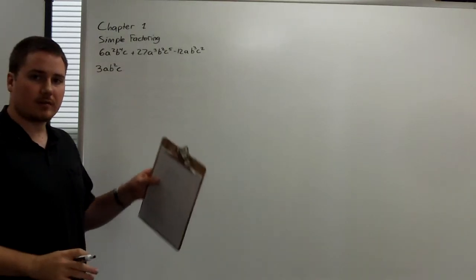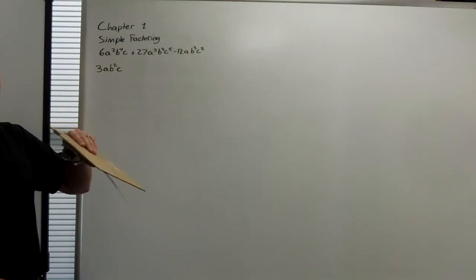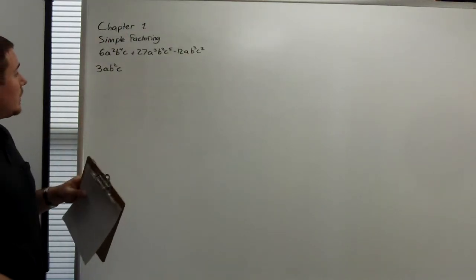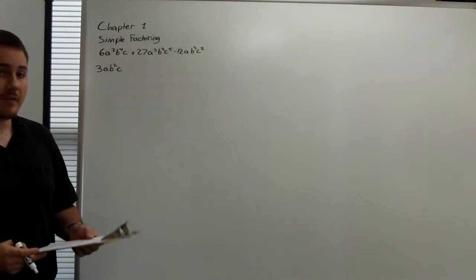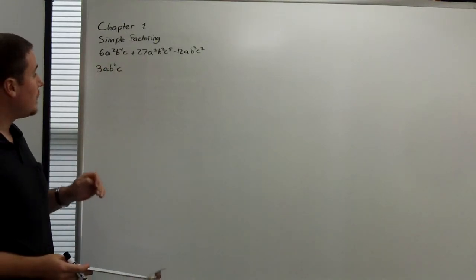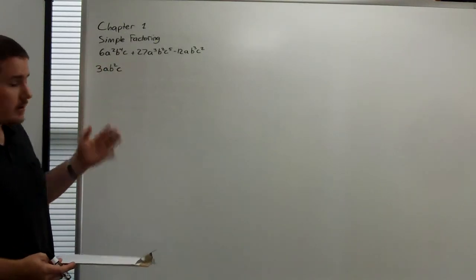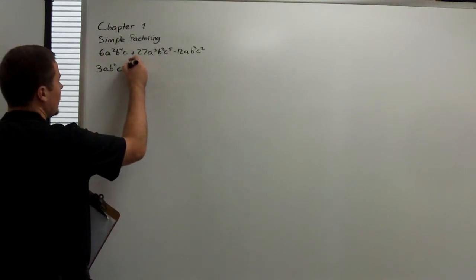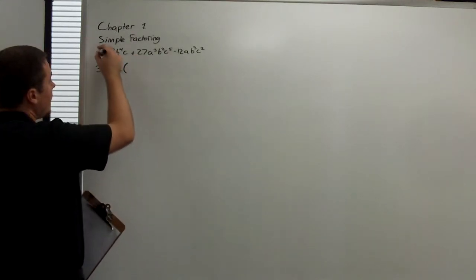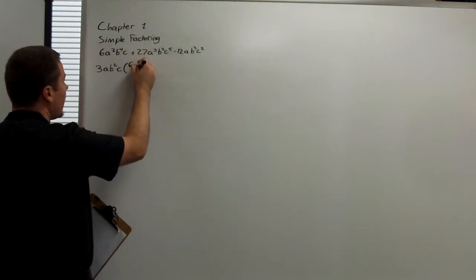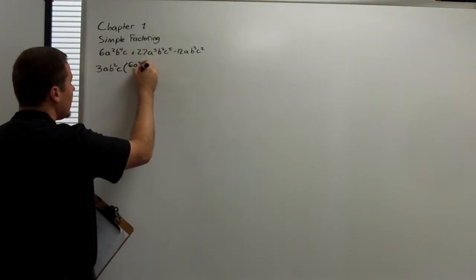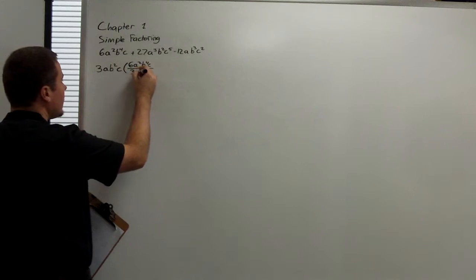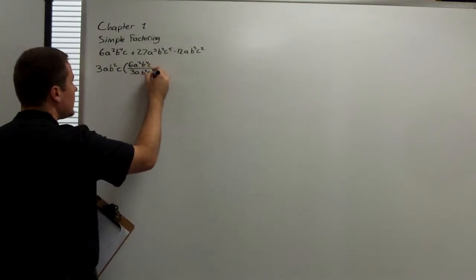What we're going to do is write each term divided by this least common multiple. Now you might be able to do that in your head, and if you can, feel free to skip a step. But if it's hard to keep track of, see what we're doing here. We're going to write a parentheses, then take this term, 6a squared b to the fourth c, and divide it by 3a b squared c.